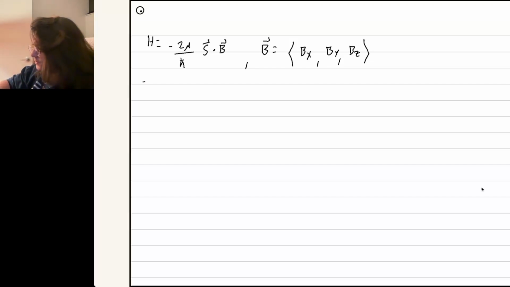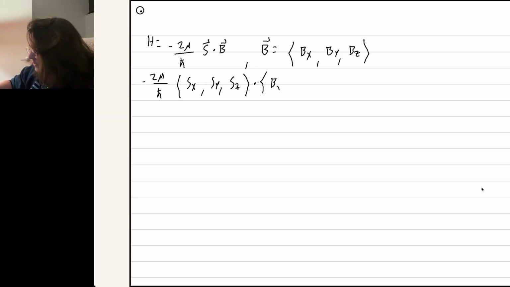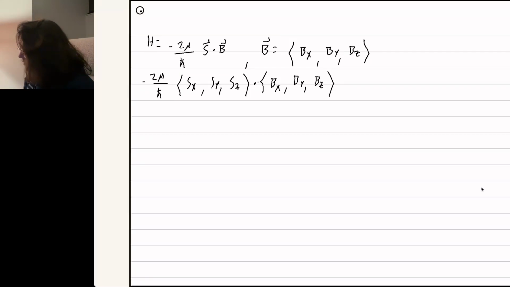So just hopping right into it, the Hamiltonian, I'll write it out like this: Sx, Sy, Sz dot Bx, By, Bz. Now, I don't think the magnetic field components are actually operators.